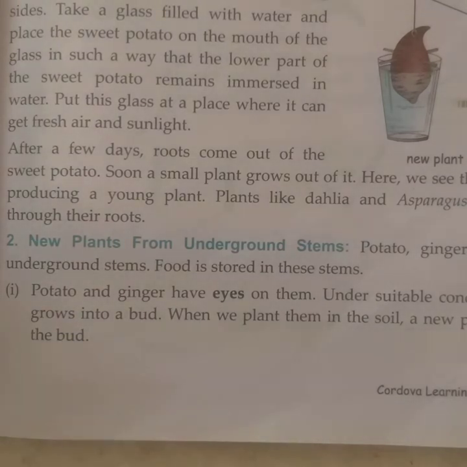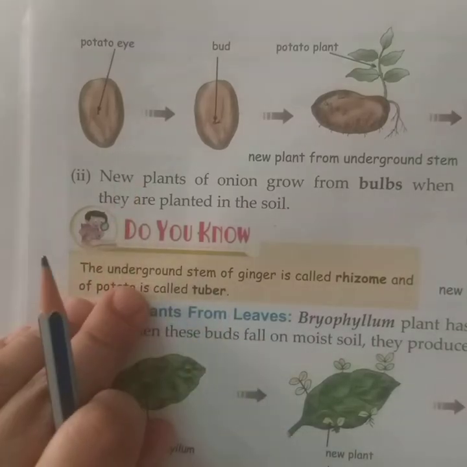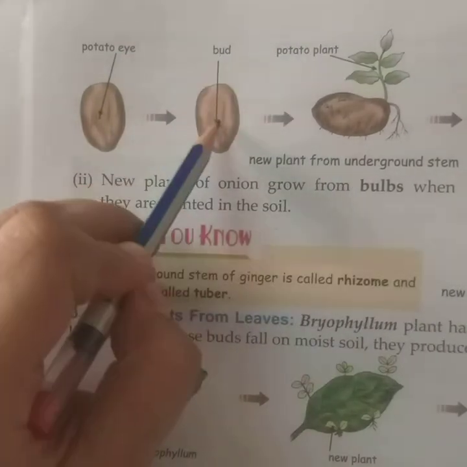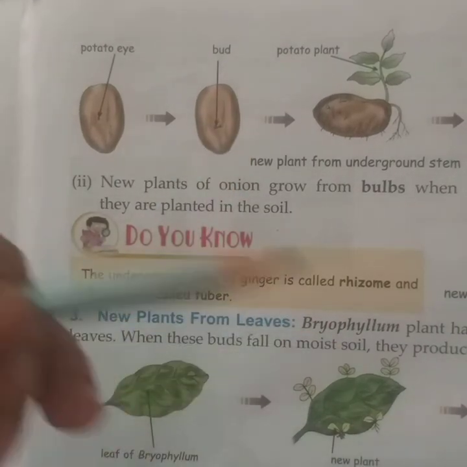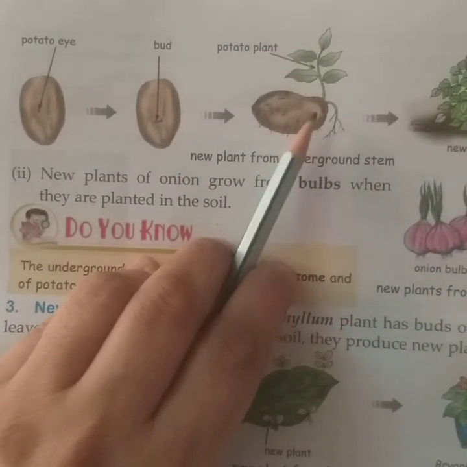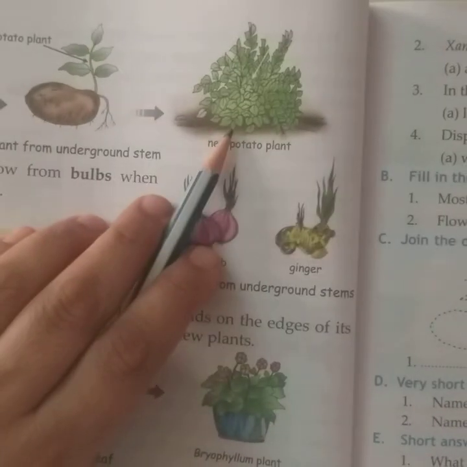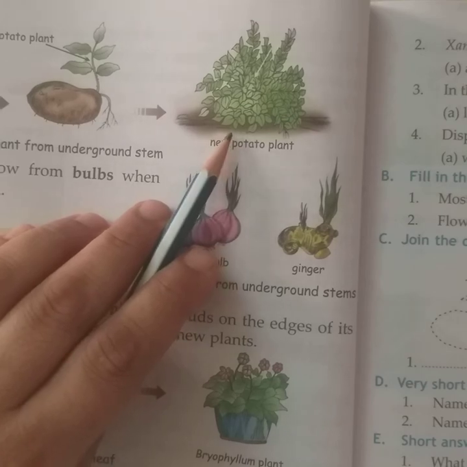Each eye can grow into a bud. Suppose these buds are sown separately into the soil, each bud can further grow into a new potato plant, and that new potato plant again can produce many other potatoes.